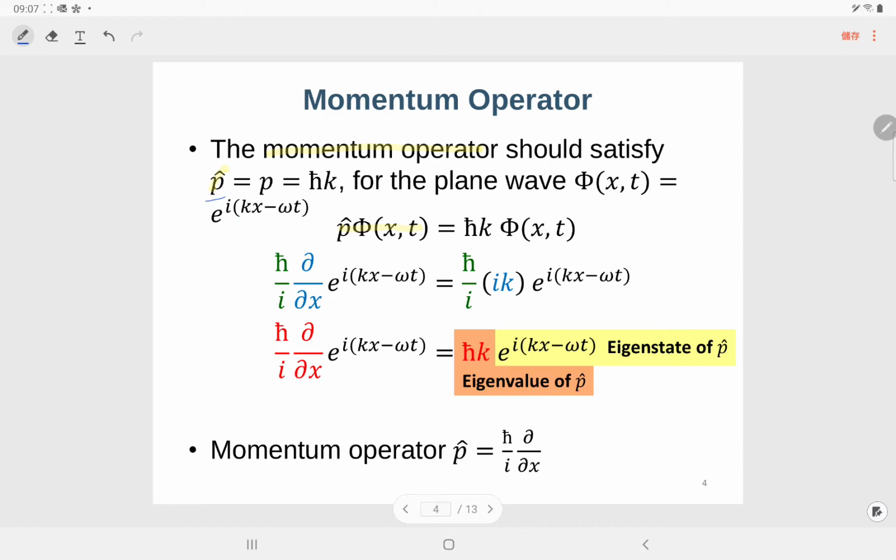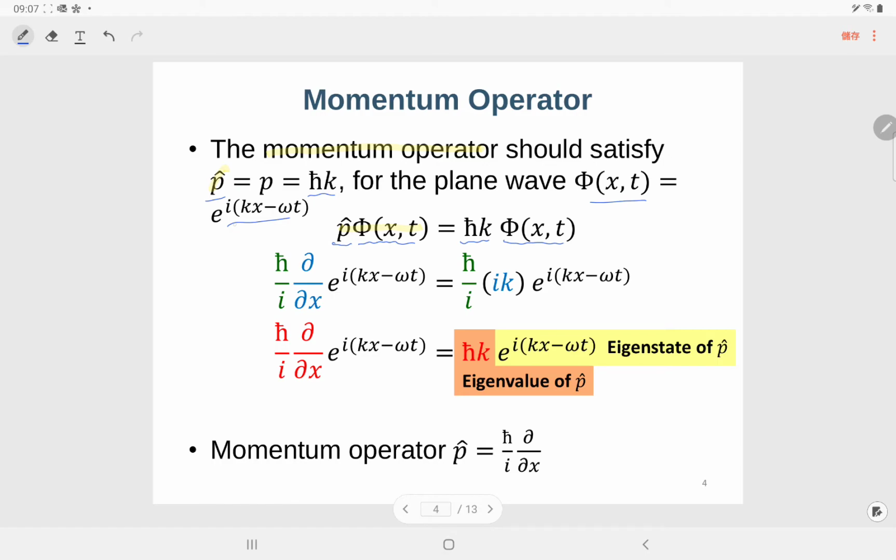So it's a momentum operator. We hope when we apply this momentum operator to the wave function, which is this plane wave, it outputs the momentum h bar k, like this: h bar k phi(x,t). We hope it looks like that.